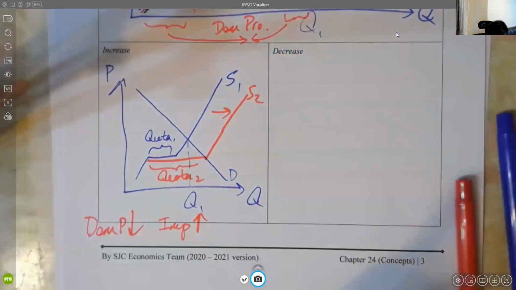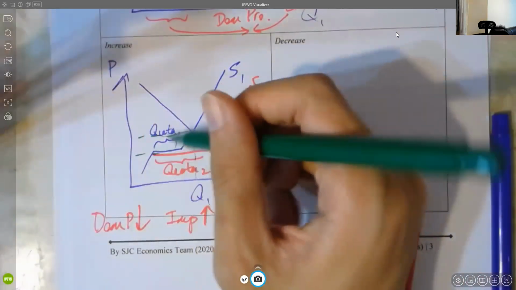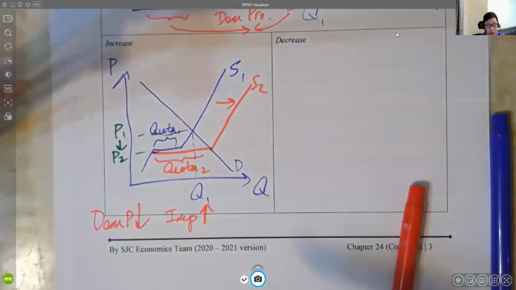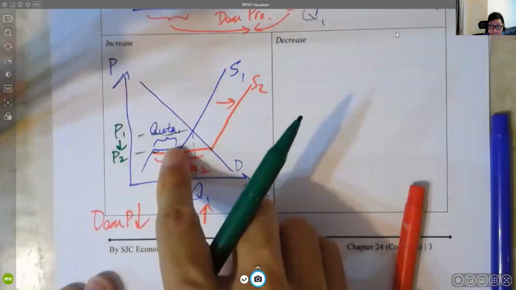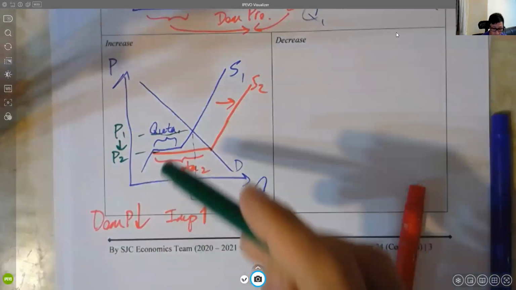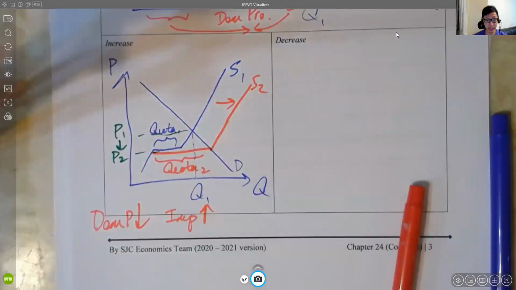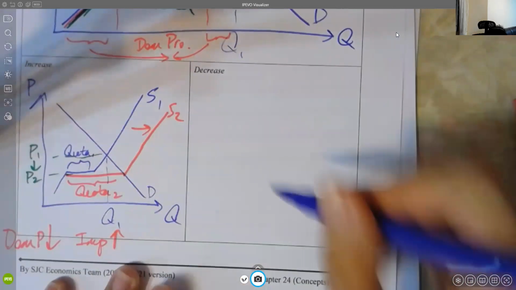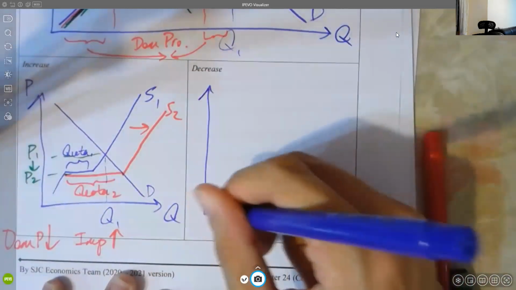You see, price drops. P1 drops to P2 right here, depending on how much it is providing, how much quota it is allowing. The same, if you look at the decrease, then it will be just the opposite.